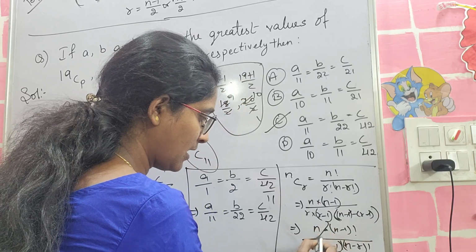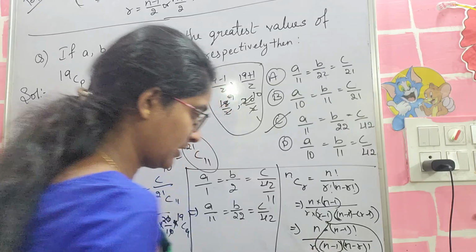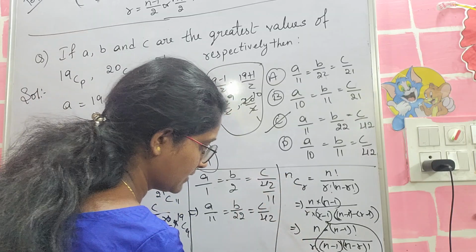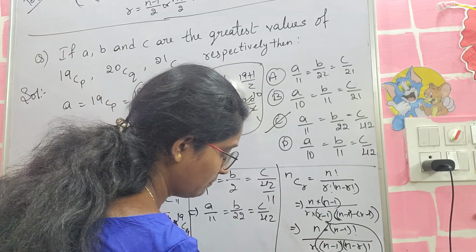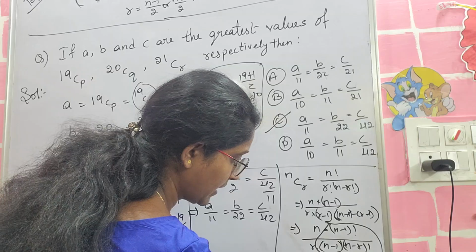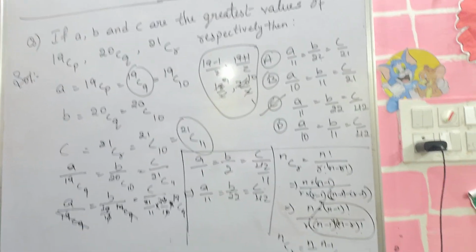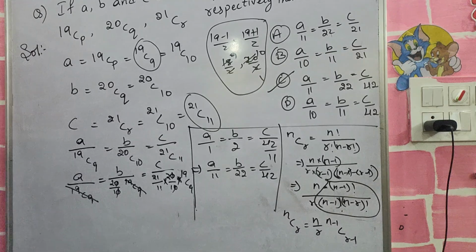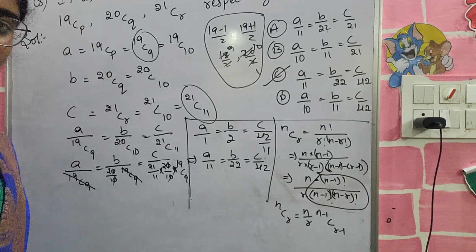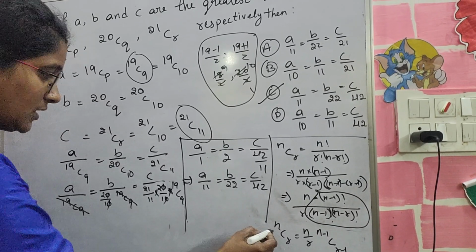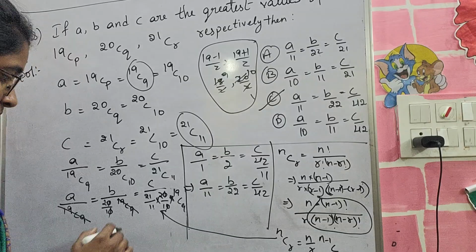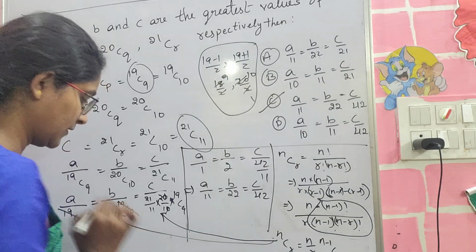So n by R, if I take this total one, can I write it as NCR is equals to n by R of n minus 1 C R minus 1, right? So I am able to write like this. So I am using that formula over here. This formula I took over here, and from this also I took this formula.